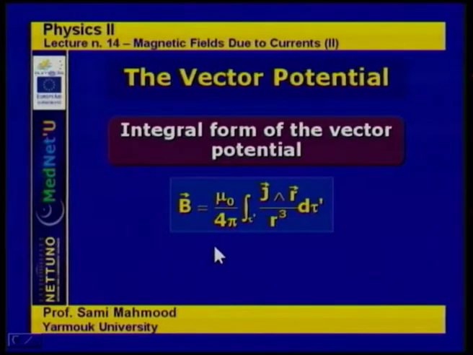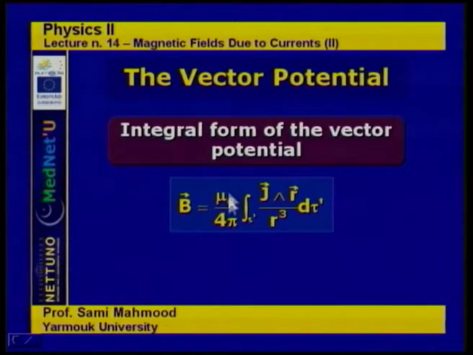Now recall the definition of the magnetic induction, but instead of writing it in terms of the current I dl, we write it in terms of the current density J d tau, which is the volume element through which the current is flowing.